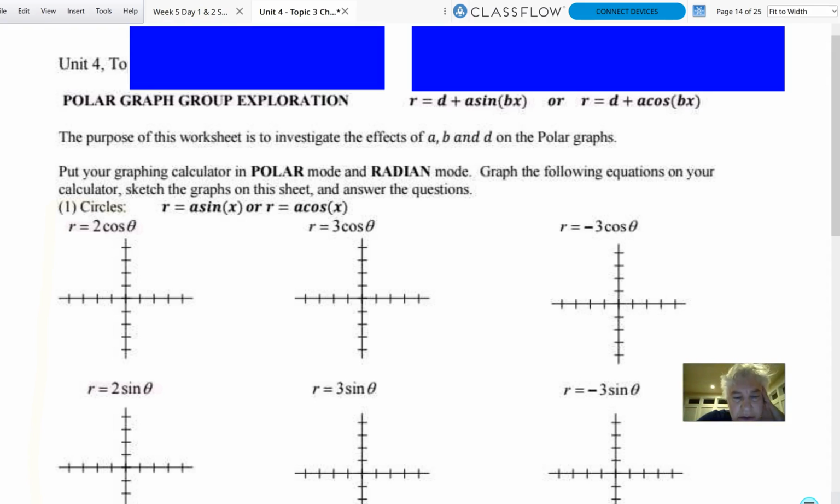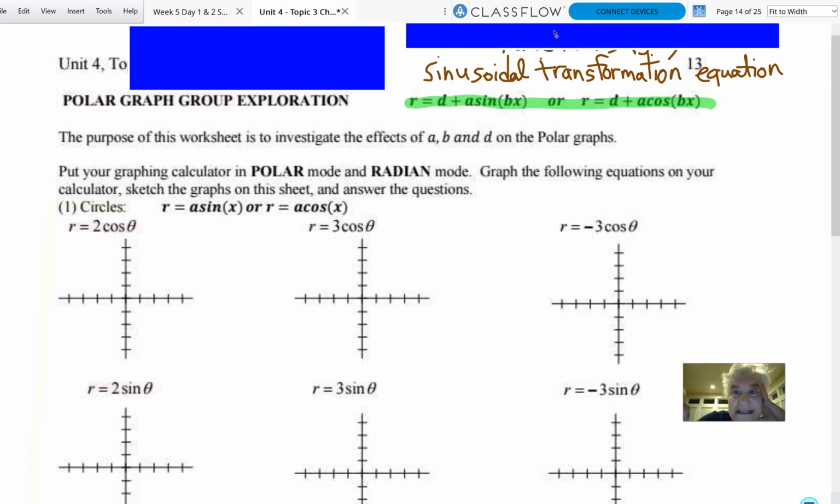Again, when we're talking about these equations, they're always in terms of polar variables like r and theta. So when I look at these 2 equations and think about them in terms of what I've learned so far in trig, this school year for math and last year for honors algebra 2, I have thought of these equations as sinusoidal transformation equations.